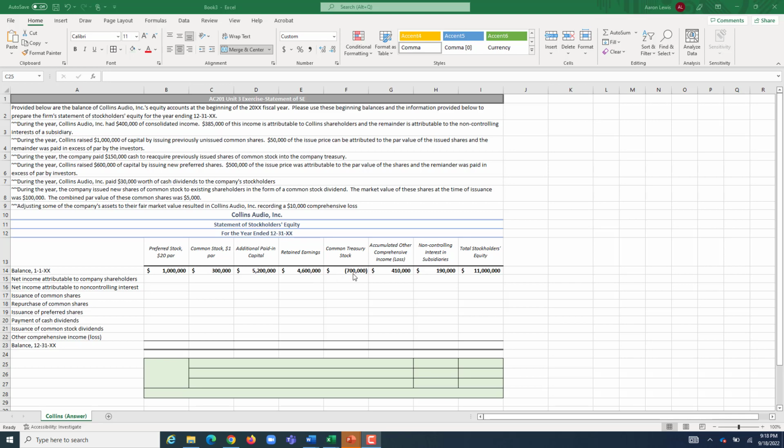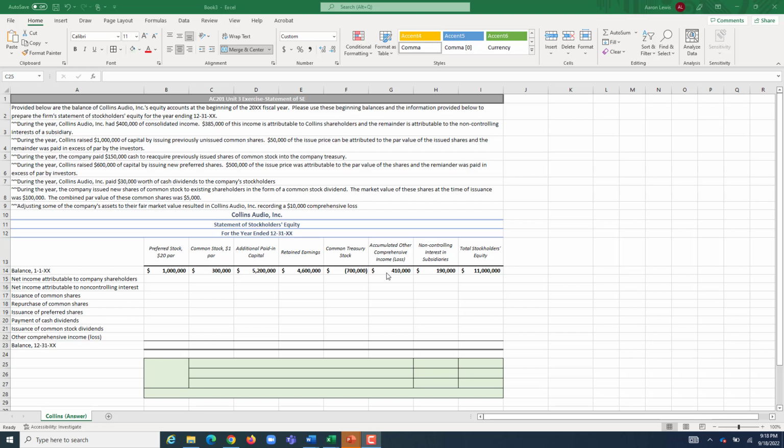They're holding on to $700,000 of treasury stock, which is a negative because it's a contra equity account, so that treasury stock is not entitled to our stockholders. It is the company's to hold on to and do whatever we want with it, normally try to make a profit. We have $410,000 of accumulated other comprehensive income on our books.